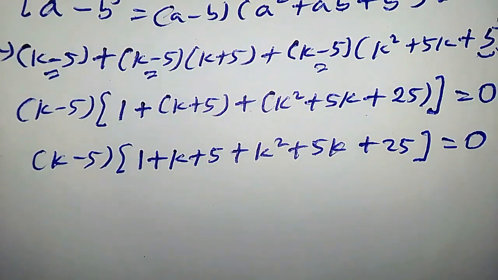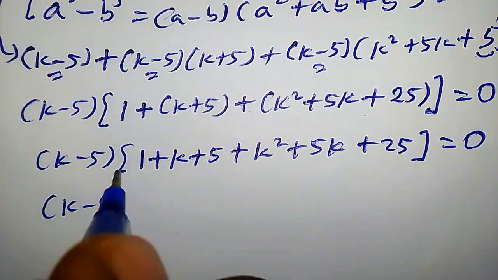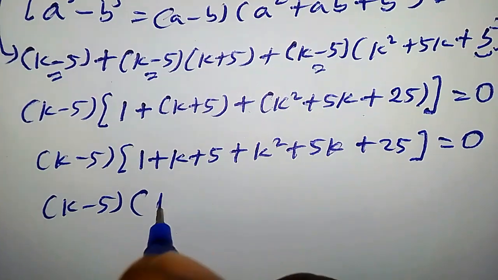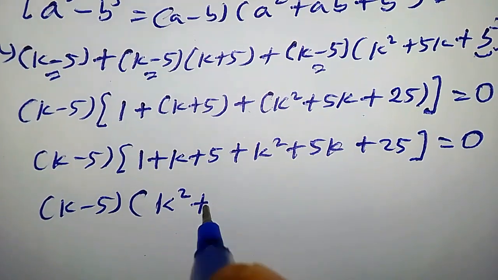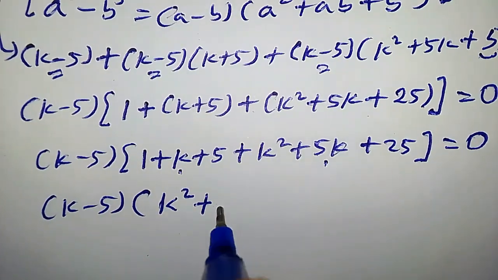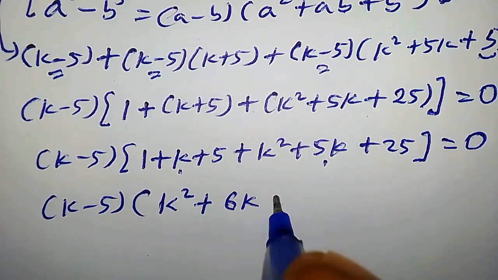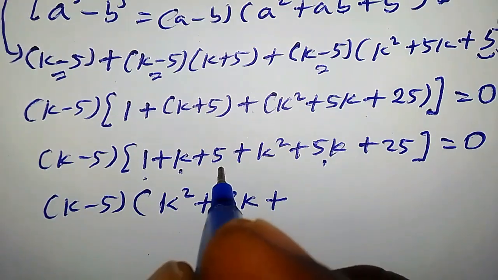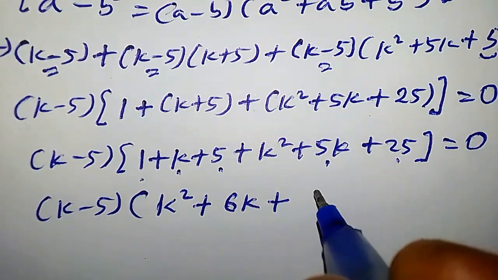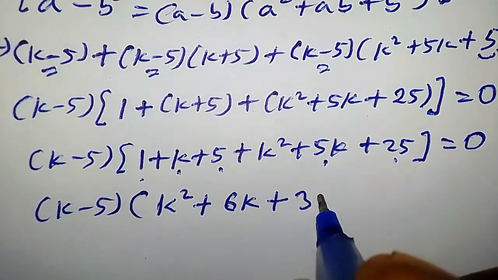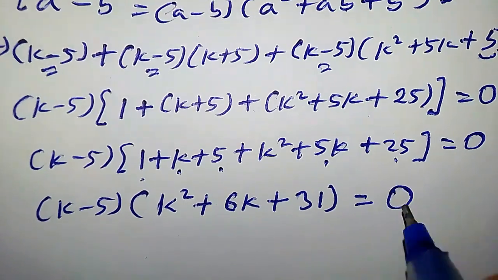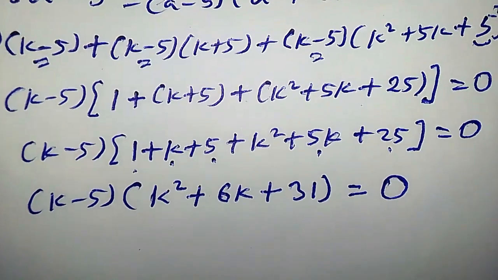Let's continue. K minus 5 times k square plus k plus 5k, that is 6k, plus 1 plus 5 plus 25, that is 31, equal to 0. Hope you got that.